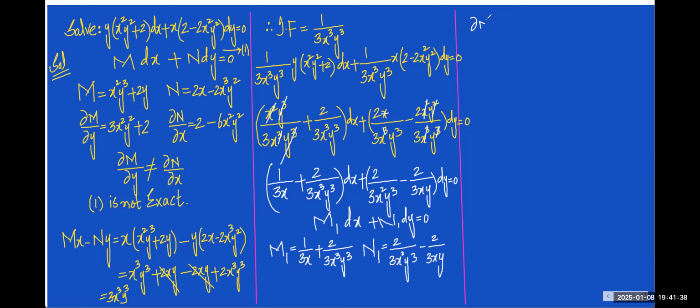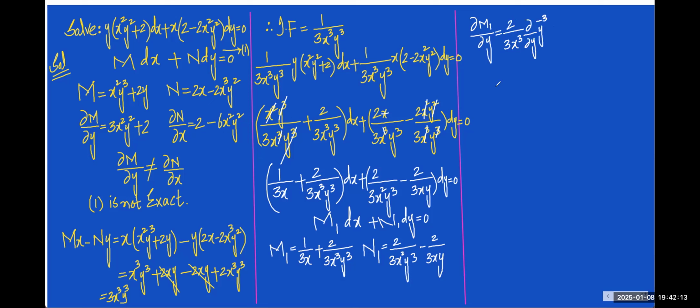So dou M1 by dou y, partially differentiating this value with respect to y. In the first term there is no y, so 0. Next will be 2 by 3x cube, which is a constant term, times dou by dou y of y to the power of minus 3.